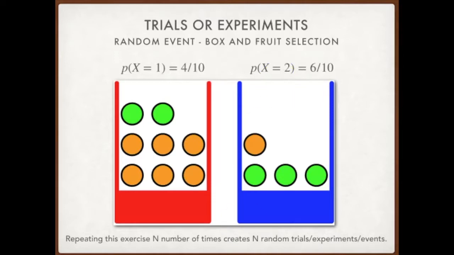Then the probability of selecting the red box can be written as P(x=1) equals 40 by 100, which turns out to be 4 by 10. And similarly, the probability of selecting the blue box can be written as P(x=2) equals 6 by 10.